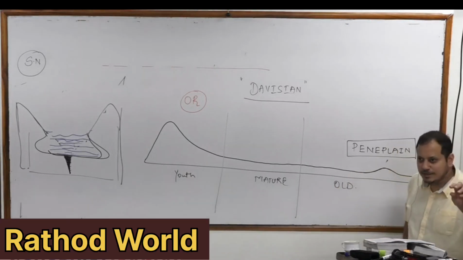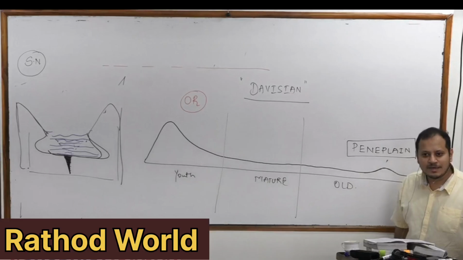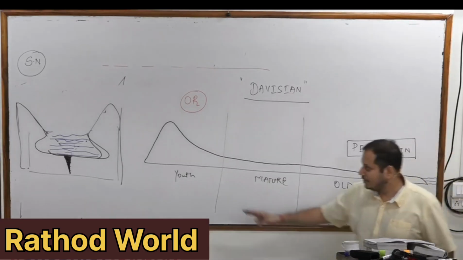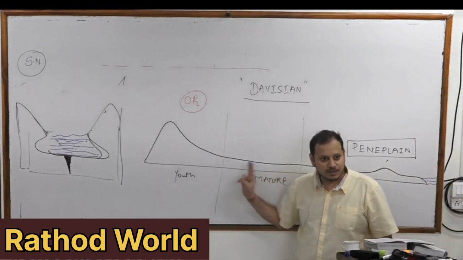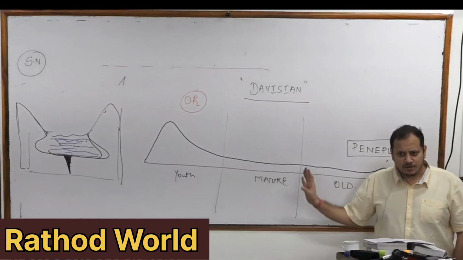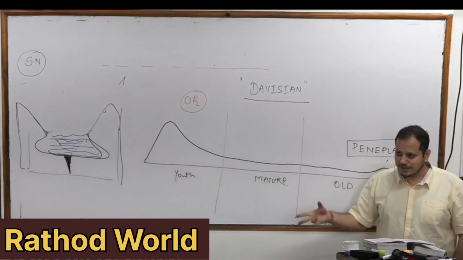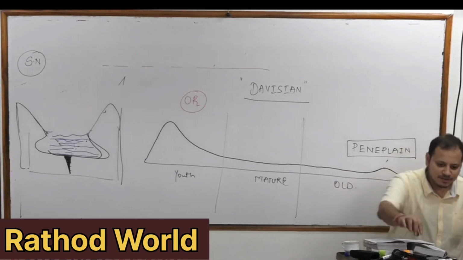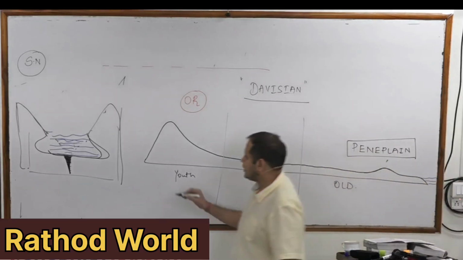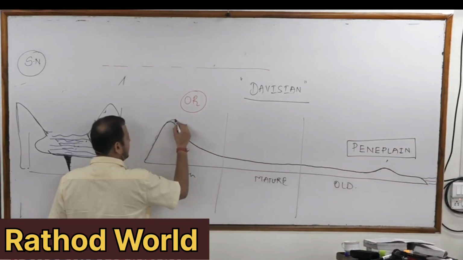So over the period of time, this is what Thornbury said, there is an orderly sequence of the landform from youth, mature and old age. And ultimately, you are not supposed to draw this diagram. This is technically a wrong diagram, technically right diagram is different. We will draw that while doing the Davisian cycle. This is what is the technically right diagram.